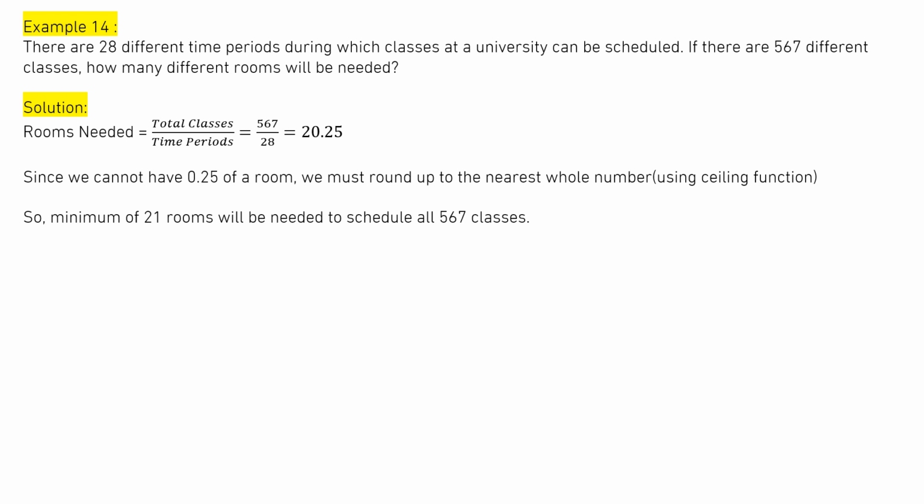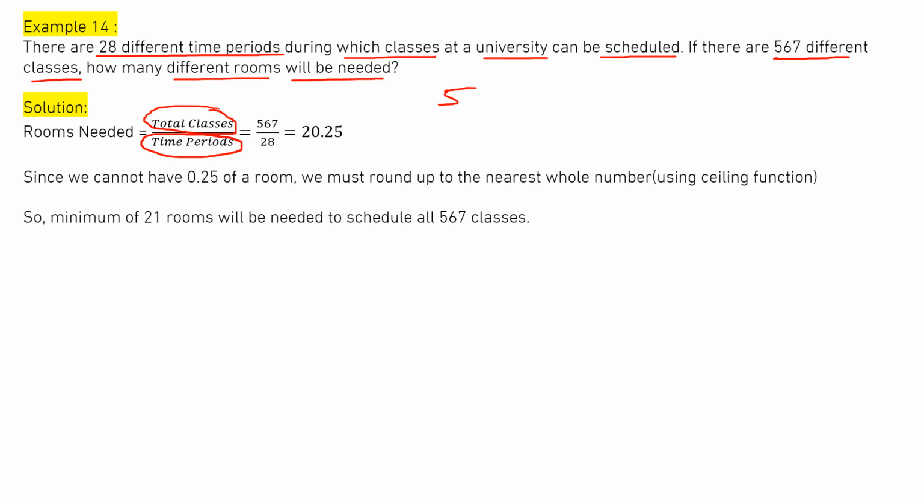There are 28 different time periods during which classes at a university can be scheduled. If there are 567 different classes, how many different rooms will be needed? So what I'm going to do is divide the total classes by the number of time periods.